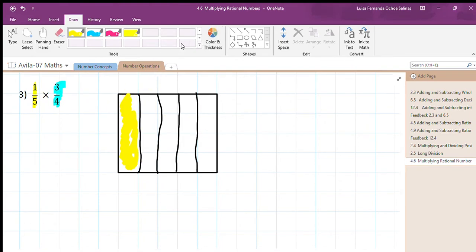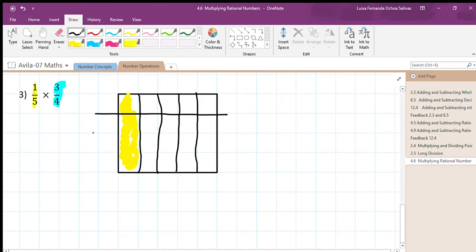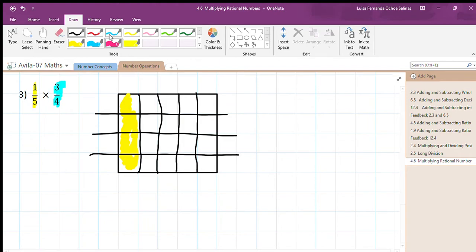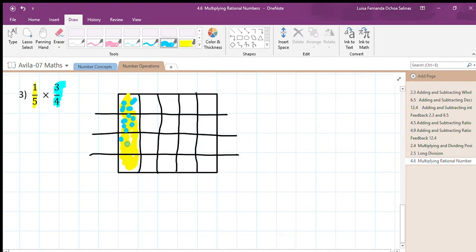So let's do that. 1, 2, 3, and 4. And I'm going to shade 3/4 out of that one. So I'm going to do that with this blue one here. And for 3/4, I'm going to put dots now.